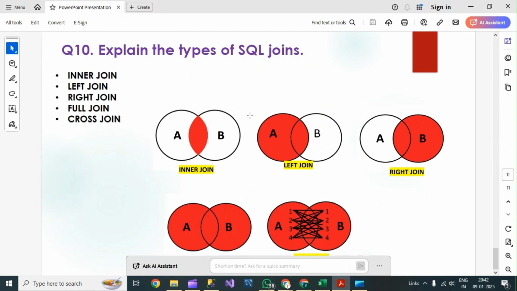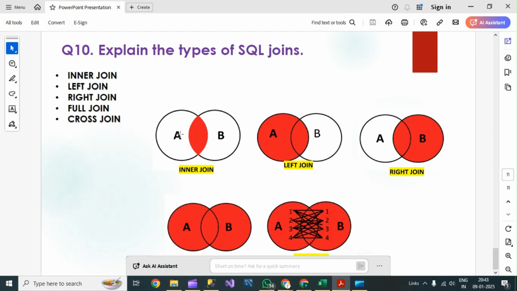Basically these are the three types of join: inner join, left join, and right join. All the output of these three joins will be in a full join. If you check this portion, it is the common elements from both side tables. The left join takes all the elements from the A table and the matching elements. Then the right join takes all the elements from the right side table.